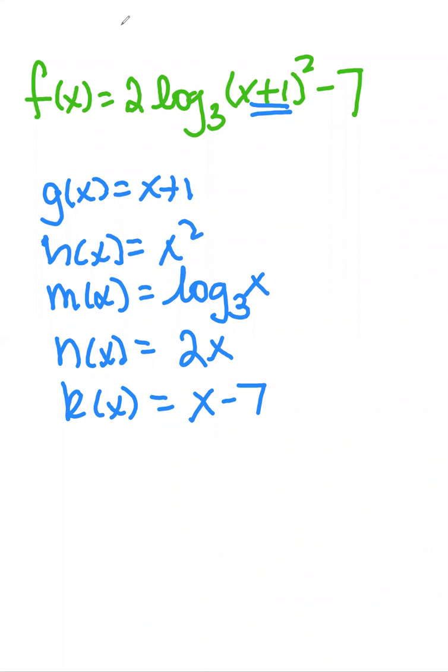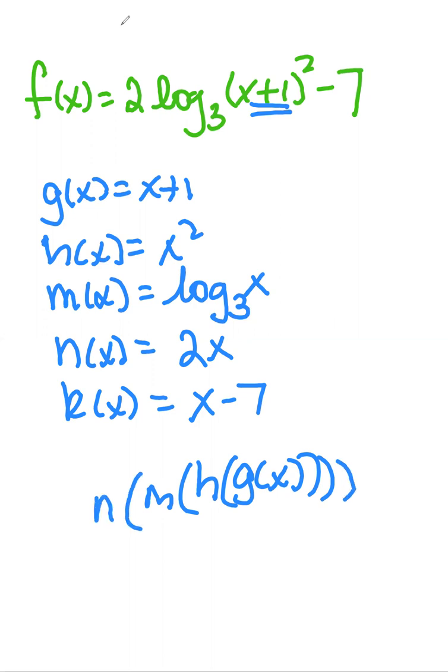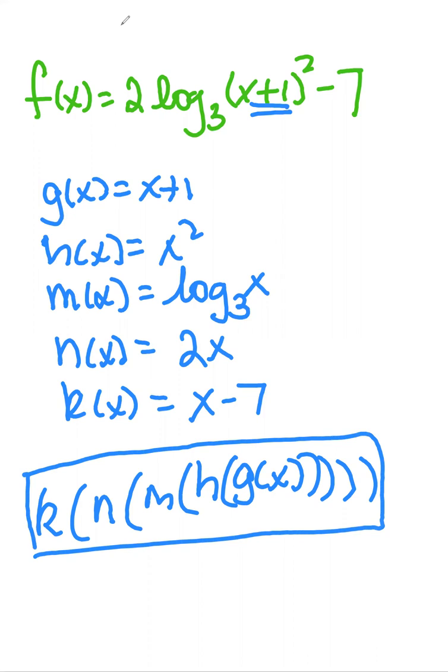So if I was writing the composition of this, my inside one was g, and then it went into h, which went into m, which went into n, which went into k. So that would be the composite function that I would use with that.